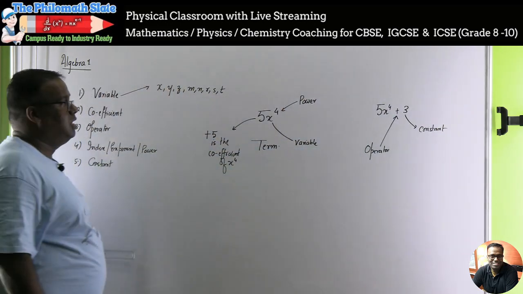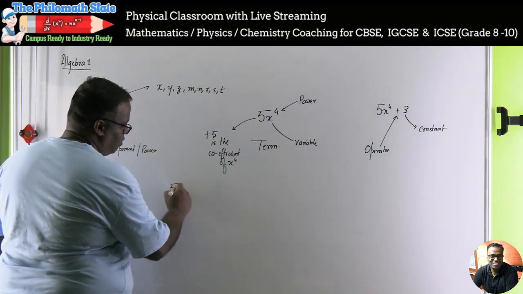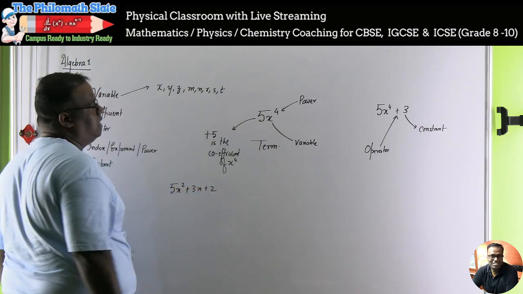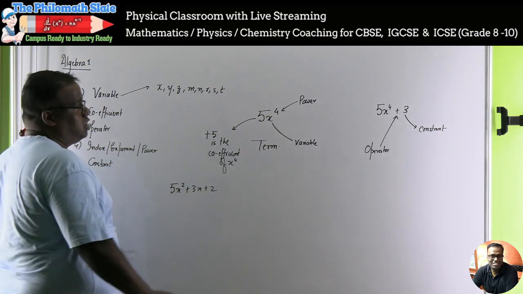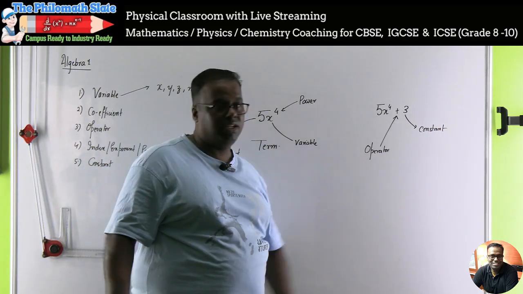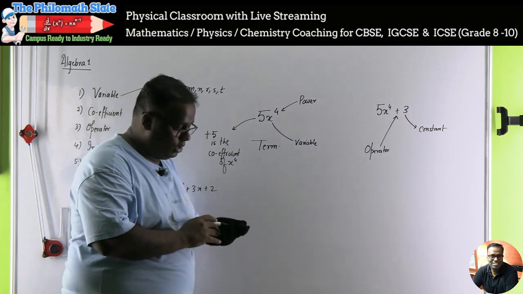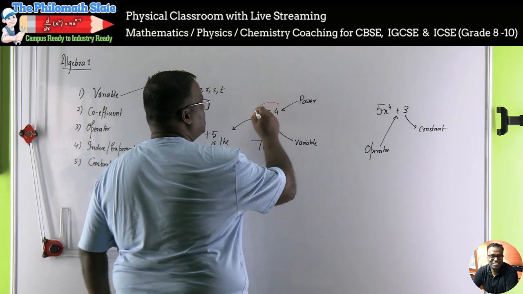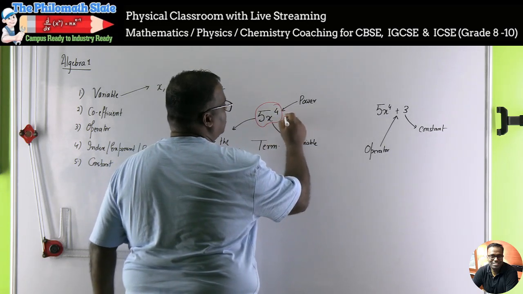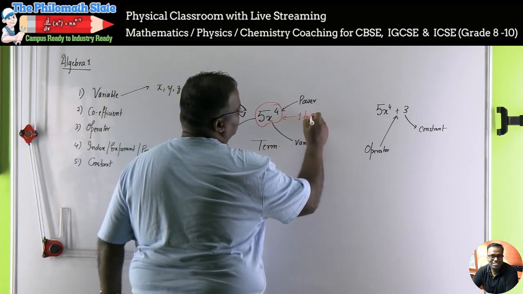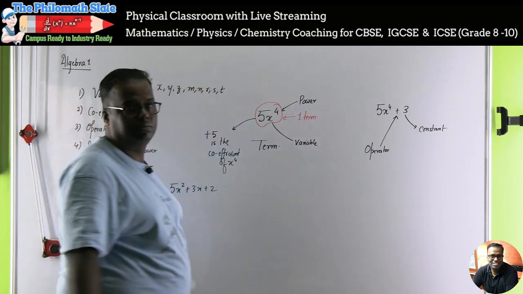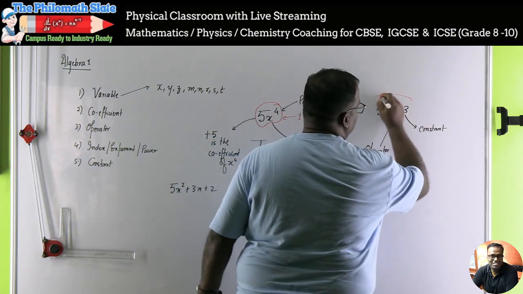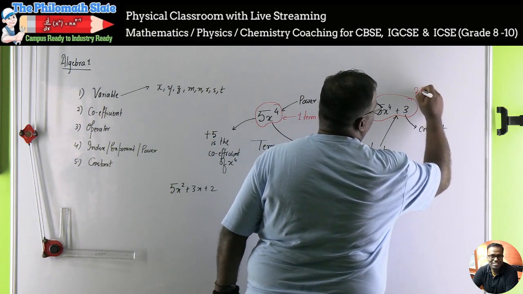Okay, I'm introducing another term now, 5x square plus 3x plus 2, right? As long as an operator like plus or minus doesn't come, this whole item is considered as one term. Okay, and out here if you see, this algebraic expression has two terms.